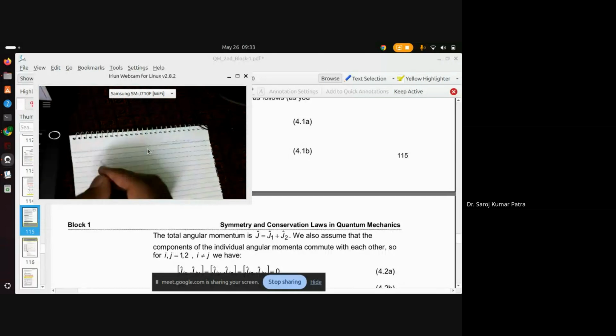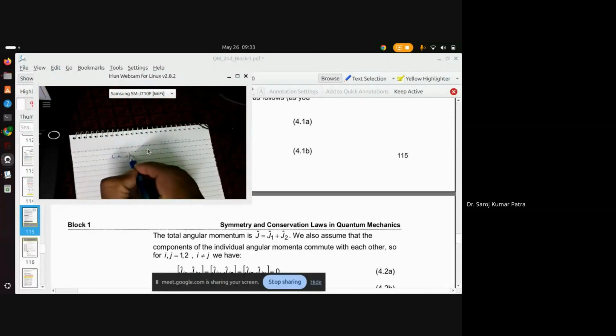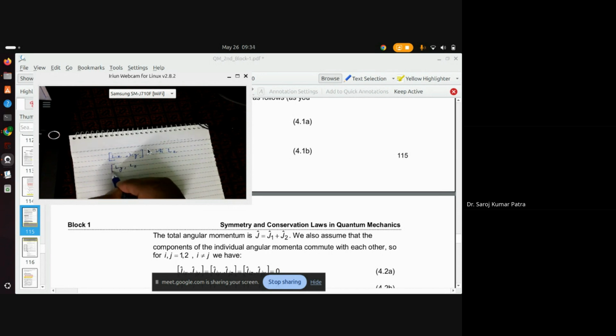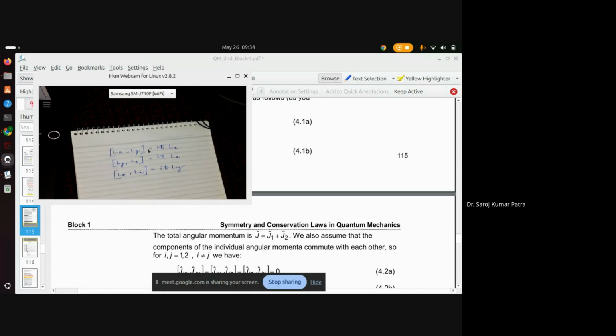So the commutator of Lx Ly will be equal to i h cross Lz. Similarly, Ly Lz is i h cross Lx, and Lz Lx is equal to i h cross Ly. All of you are familiar with this kind of relation?